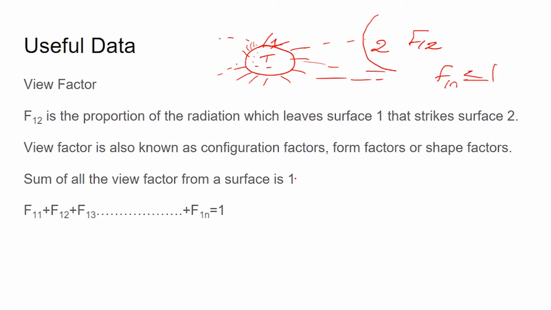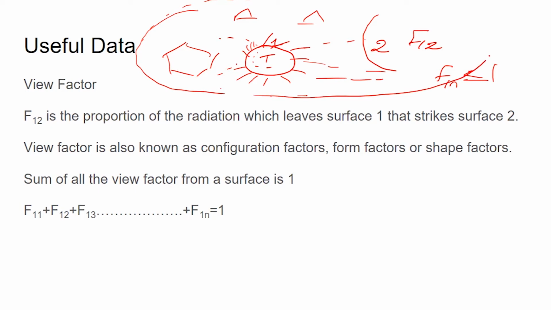Suppose in the above example, I draw new surfaces, like a triangle and a hexagon, that cover everything as an enclosure: surface 2, surface 3, surface 4, surface 5, and so on up to N. Then radiation 1 on 1, plus 1 on 2, 1 on 3, 1 on 4, 1 on 5, and so on up to 1 on N, the total sum will be 1.